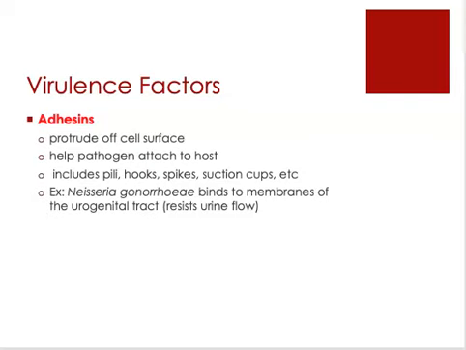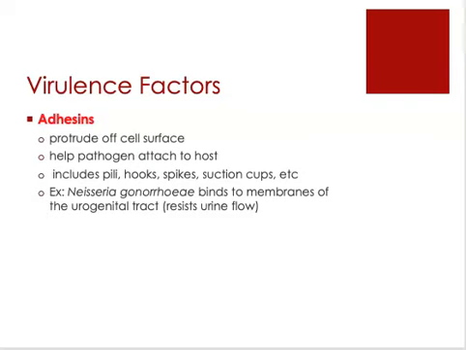stay in the host where it wants to stay, where it's going to have the most success in multiplying and surviving. For example, the organism that causes the disease known as gonorrhea, and that organism is called Neisseria gonorrhoeae. That organism has a preference for the urogenital tract.